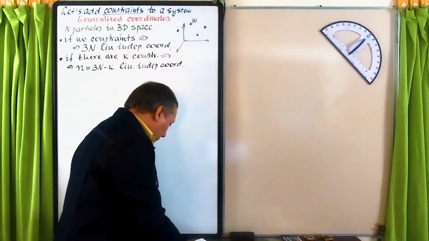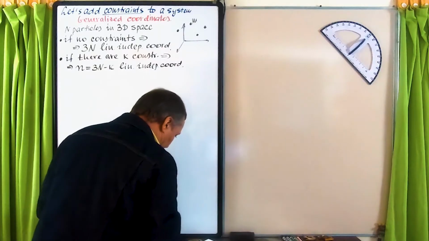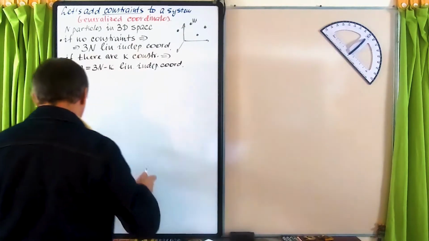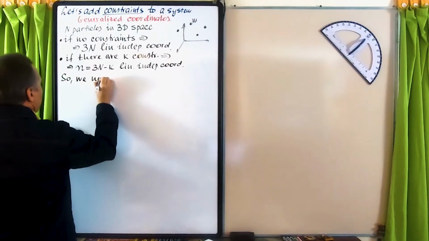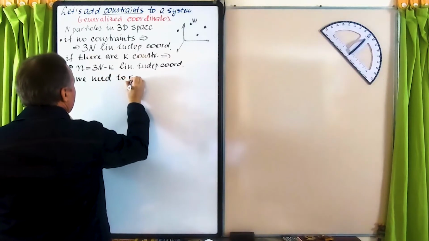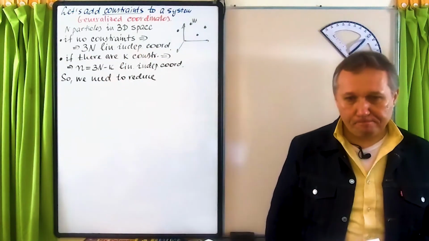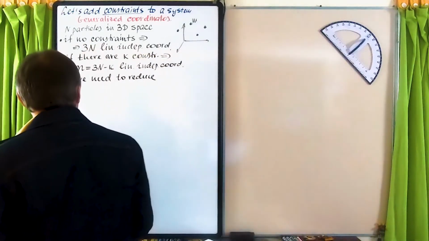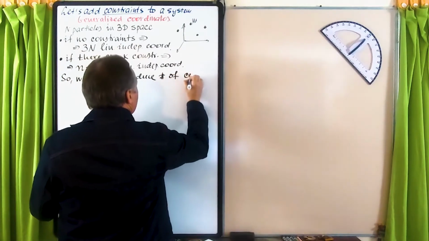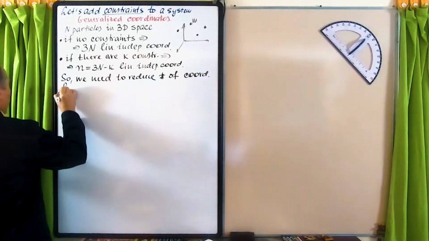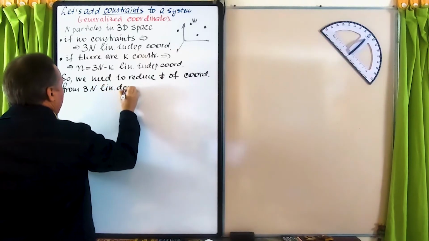And now let me write down something about this. Since the definition of generalized coordinates is one of the essentials in the Lagrangian formalism, we need to reduce the number of coordinates from 3n linearly dependent coordinates.